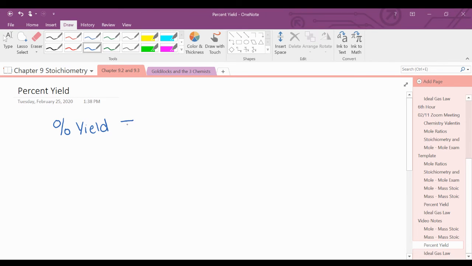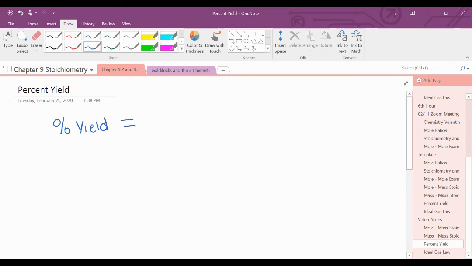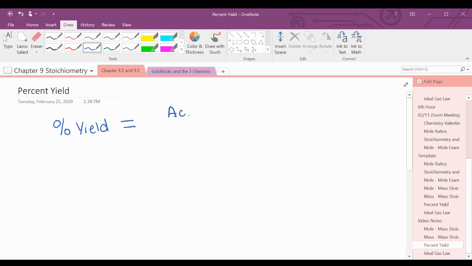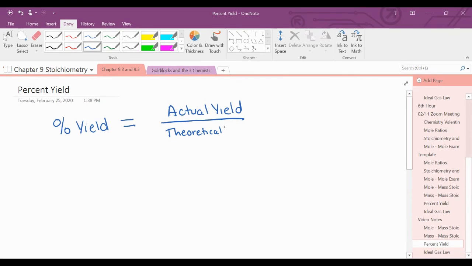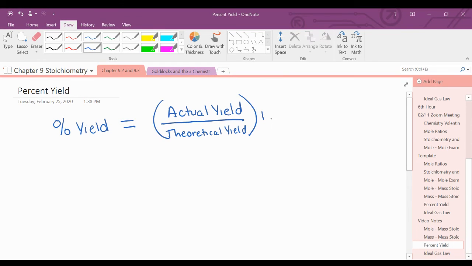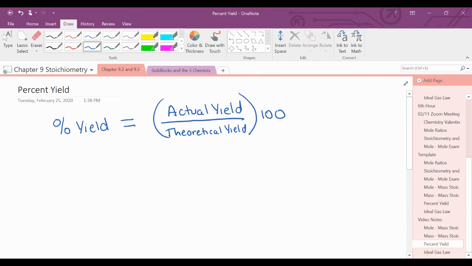So percent yield, remember it's the part divided by the whole. So it's the actual yield, and I will define these terms, divided by the theoretical yield times 100. Or you can think actual divided by theoretical.